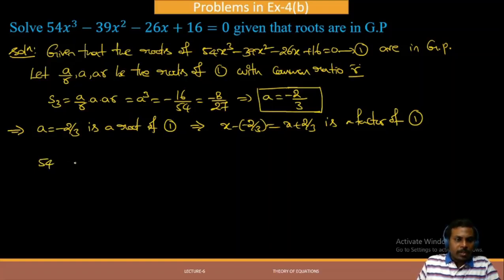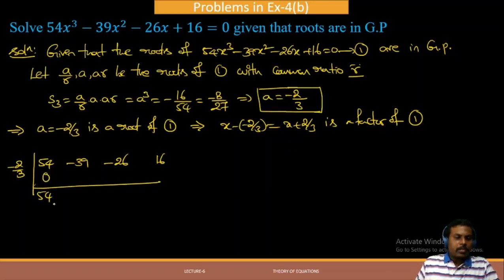Now let us find out the factorization of the given polynomial using Horner synthetic division. So let me write the coefficients of the given equation: 54, minus 39, minus 26 and 16 here. Let me draw that vertical line and write minus 2 by 3 here. Under this 0, so this is 54. Minus 2 by 3 into 54 is minus 36, so this is minus 75.